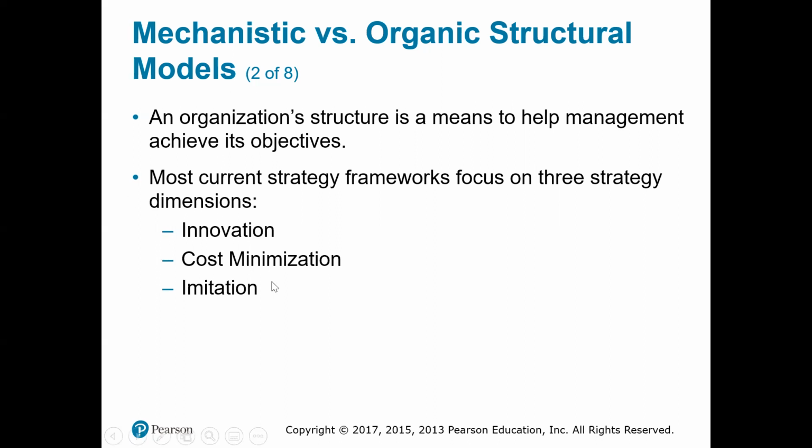Suppose it's imitation, we have the leader in the market, and we are somebody who is trying to imitate them. We want to be like them. We are not yet there. What do you think will be a better structure for us? Mechanistic. Yeah, mechanistic with a little bit of organic elements, right?